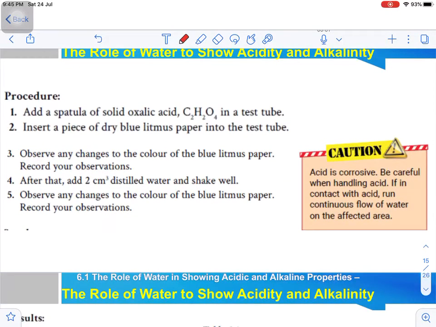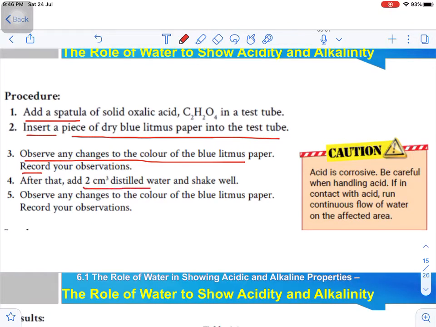Okay, procedure. Add a spatula of solid oxalic acid in a test tube. Then insert a piece of dry litmus paper into the test tube. Observe any changes to the color of the blue litmus paper and then record. Don't forget to record. After that, add 2 cm cube of distilled water.